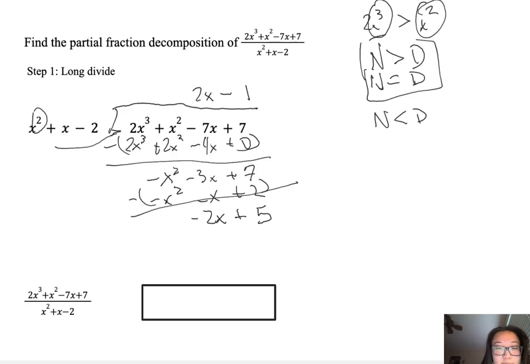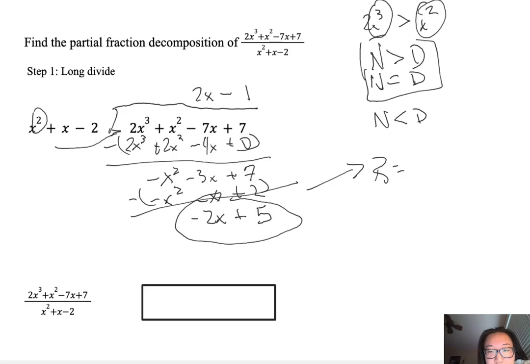All right, so now if we remember when we divide polynomials, this expression right here becomes our remainder. So our remainder would equal negative 2x plus 5 over our original denominator, which is x squared plus x minus 2.